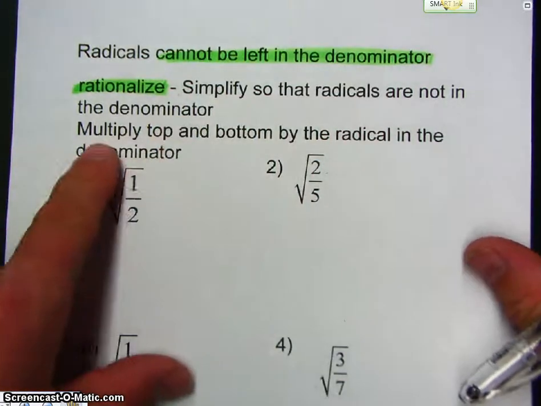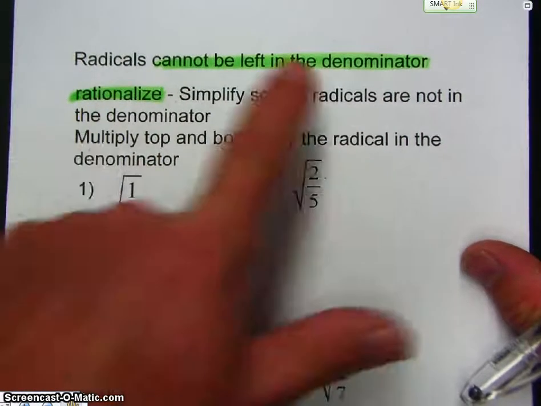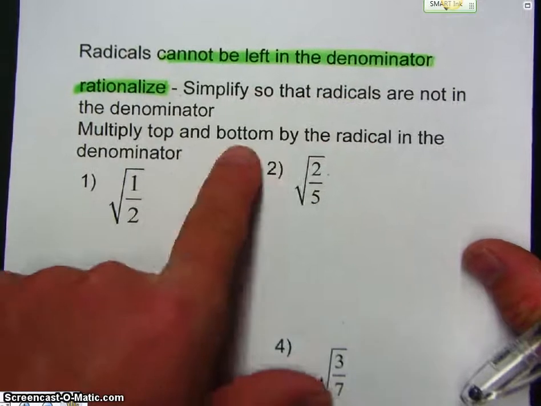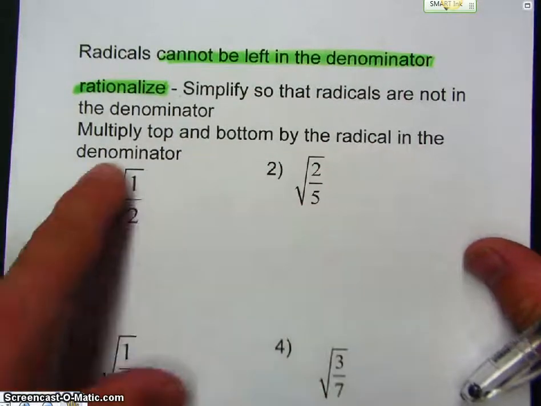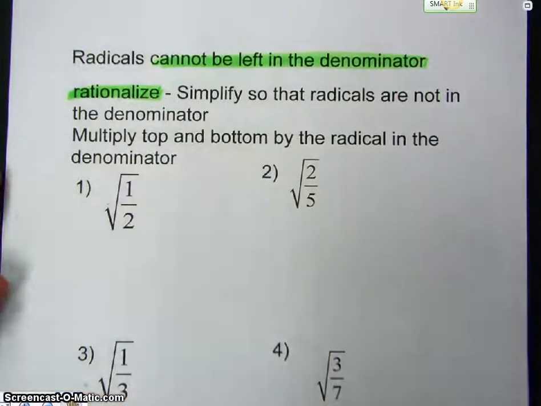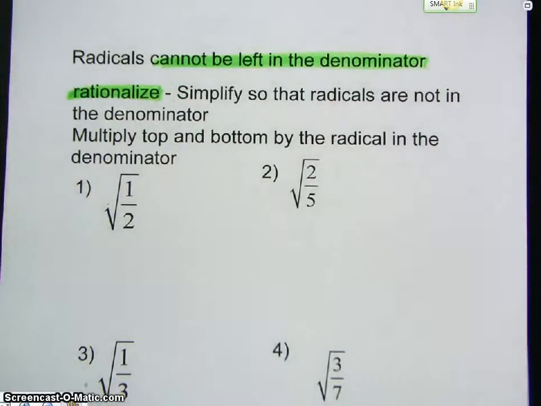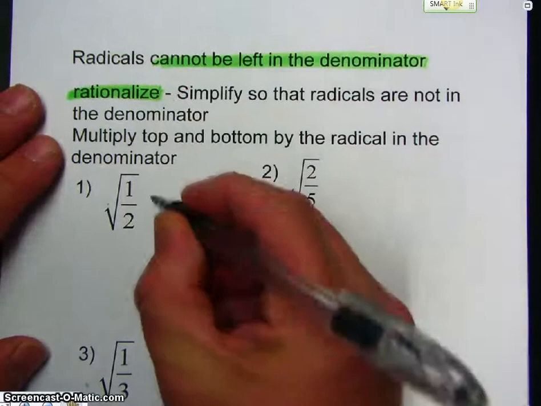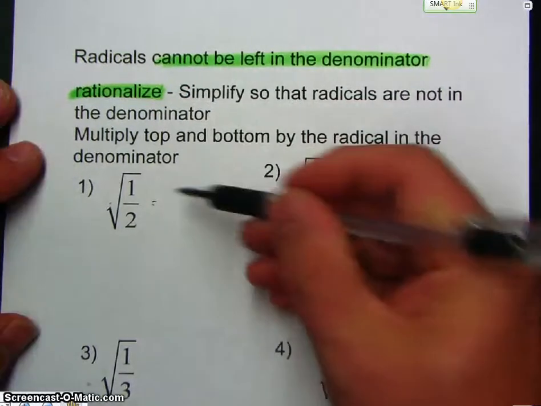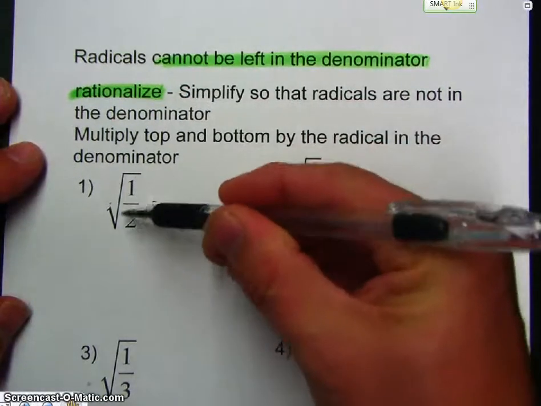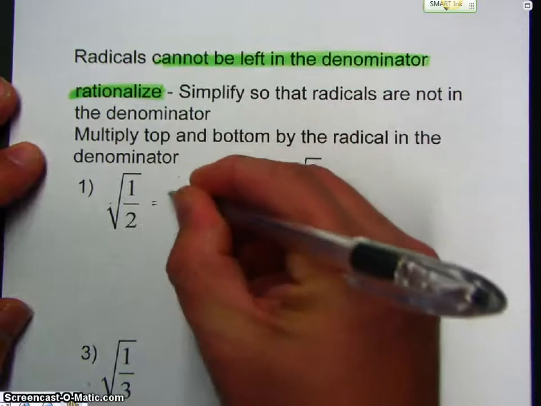The process is you multiply the top and bottom by the radical in the denominator. We're going to do 4 examples, and this will work for all problems that have radicals in the denominators.